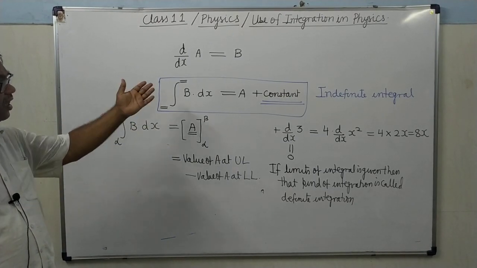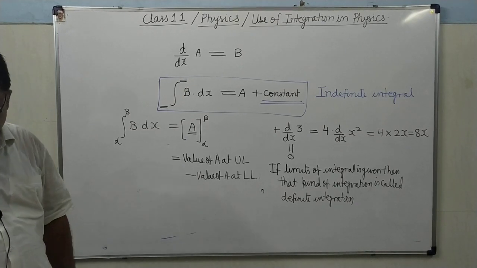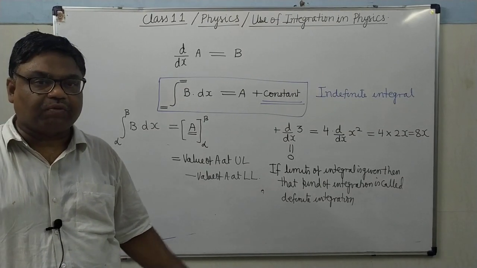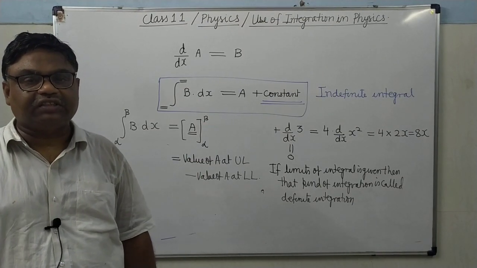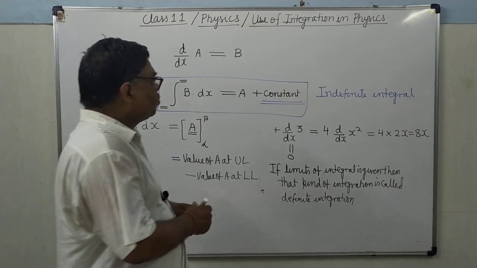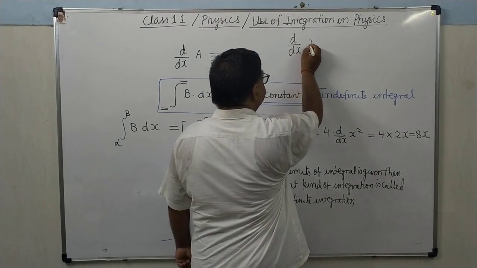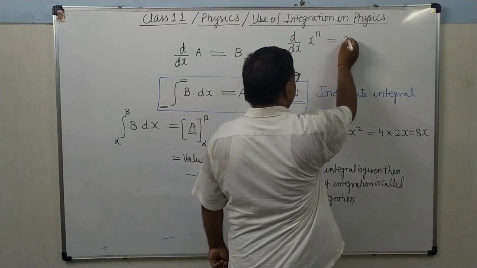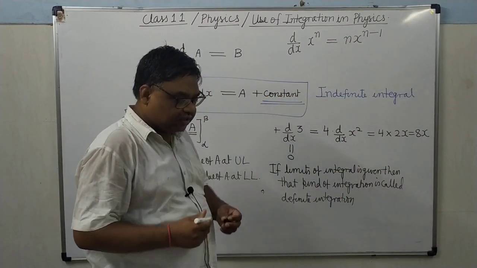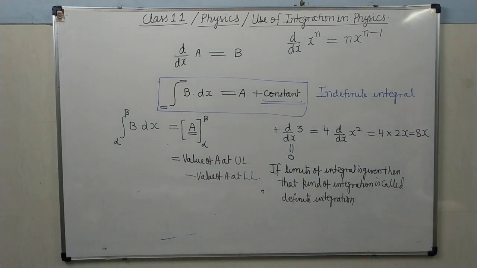It is clear. That is the indefinite integral. Now see here, what is the formula of integration? So we will discuss only one formula as we have discussed in the differentiation. One formula, d by dx of x to the power n equals nx to the power n minus 1.